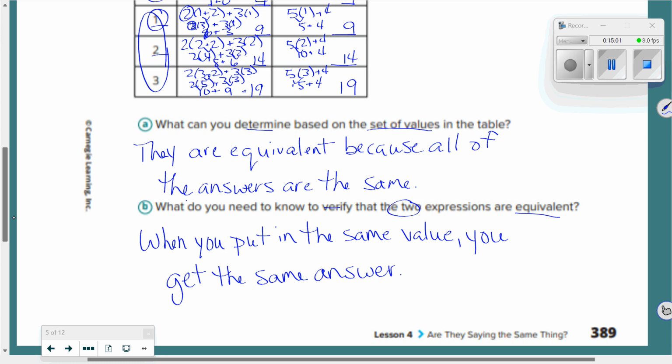So for each of these expressions, when I substituted that 3 into both expressions, I got the same answer. That means that they are equivalent.